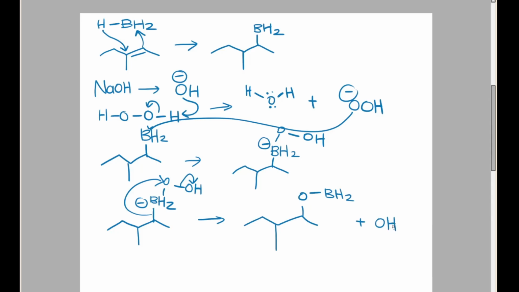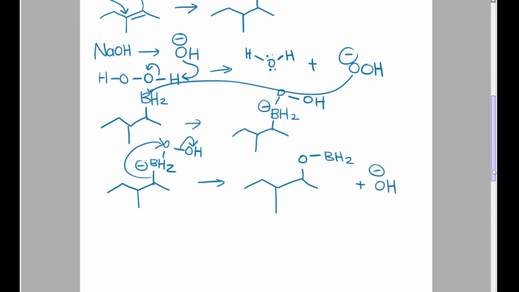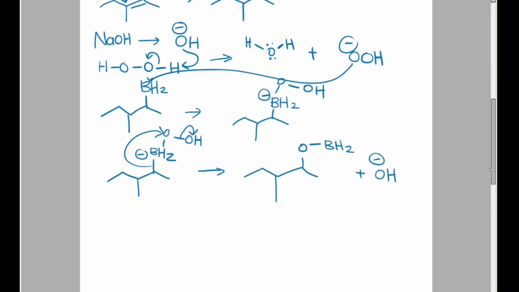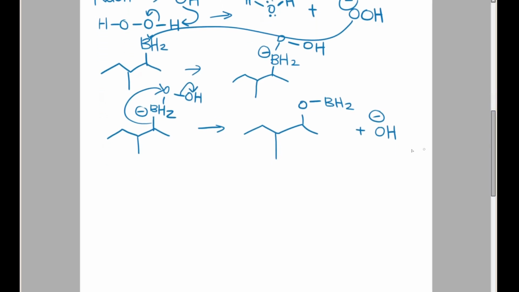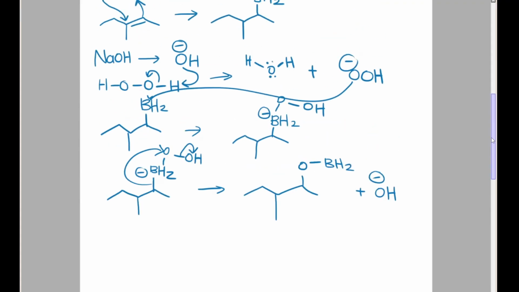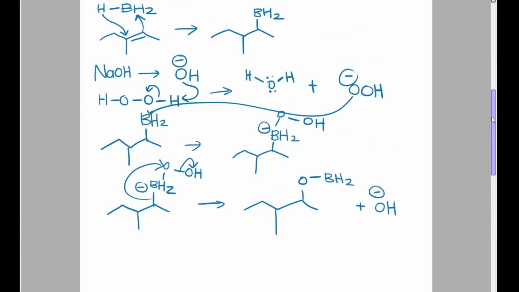And you'll have a byproduct of hydroxide ion. Next, we have to consider that we have a ton of these hydroxide ions in the solution because there's trillions of NaOH molecules.